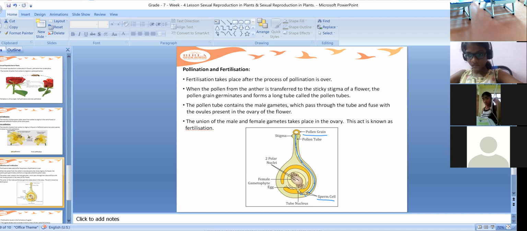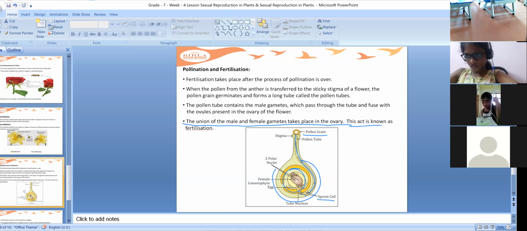Now the pollen tube contains the male gametes, which pass through the tube and fuse with the ovules present in the flower, the female eggs. Underline this: the union of the male and female gametes takes place in the ovary. The inner part is called the ovary.